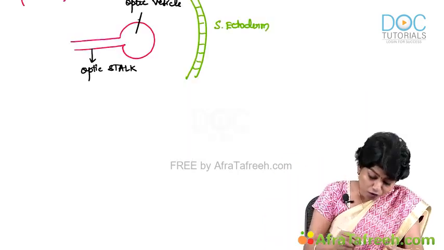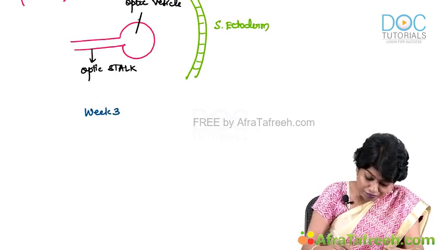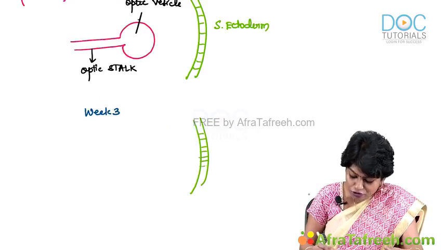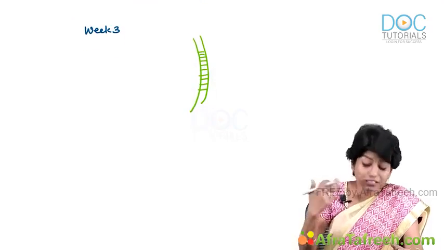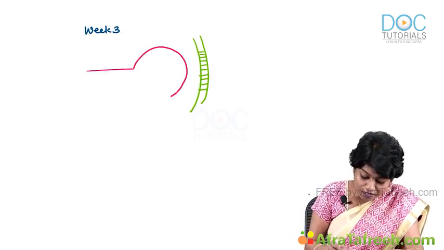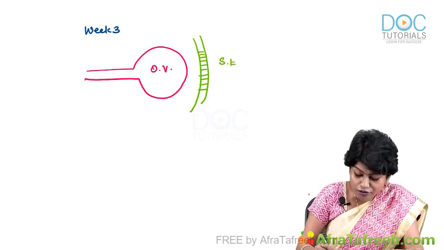So by week 3 we have surface ectoderm destined to become lens cells, to form the lens, right. So you have the optic vesicle, and this is the surface ectoderm.